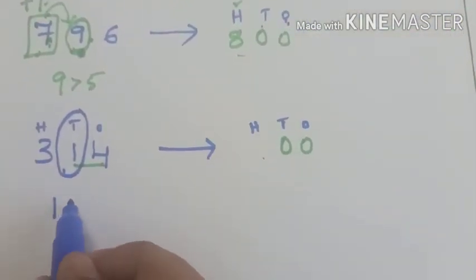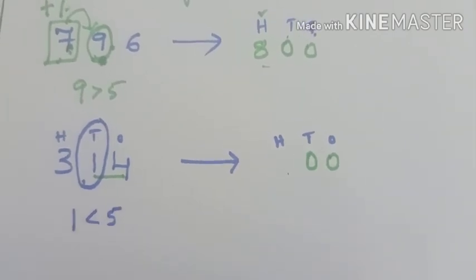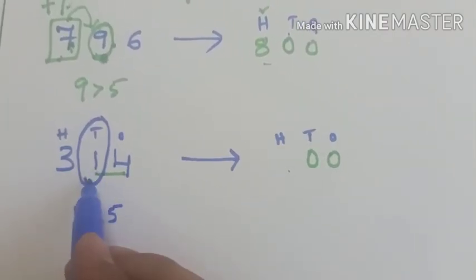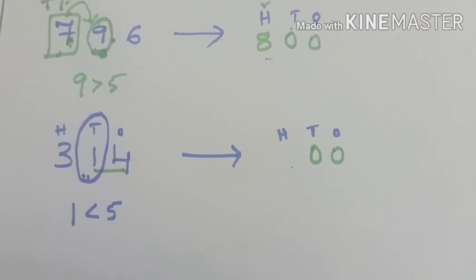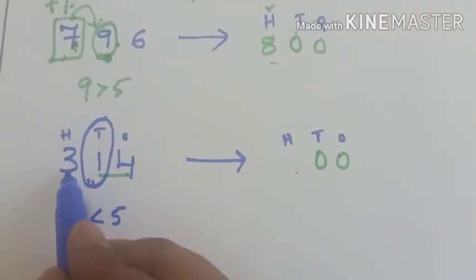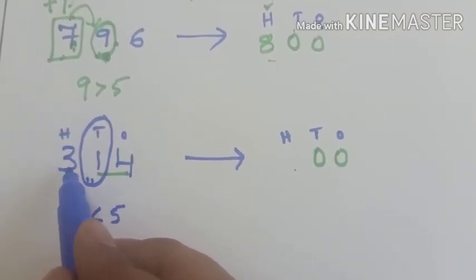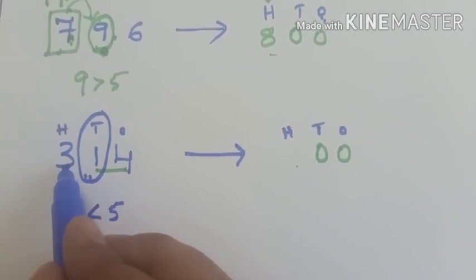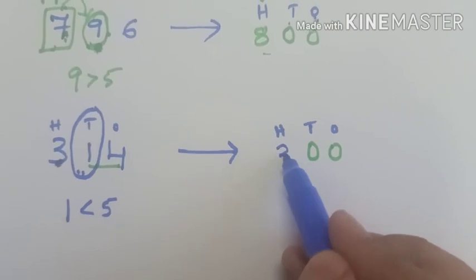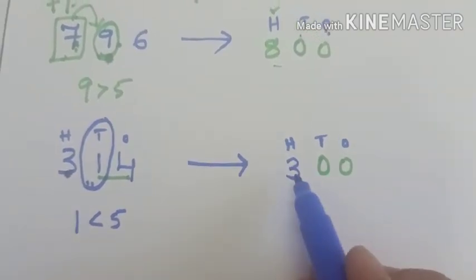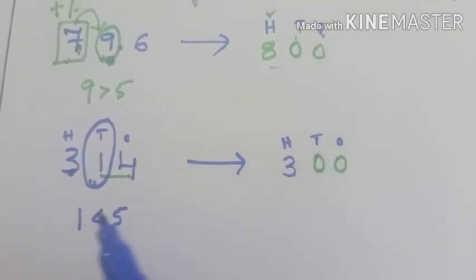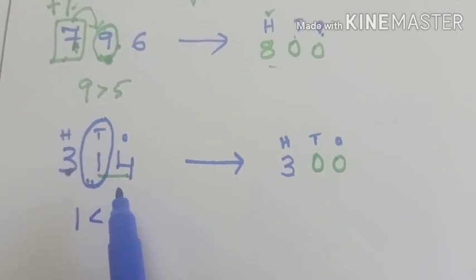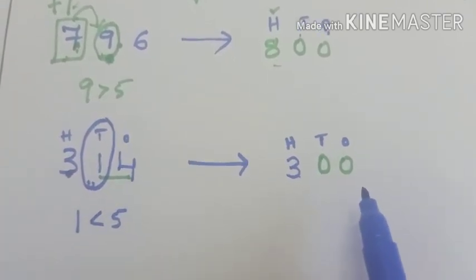It is less than 5. Fine. So when the tens place is less than 5, there is no need to add plus 1 to the hundreds place. Instead, you should write the number as it is, 3. Here also it is 3. So it becomes 300. So rounding off 314 becomes 300.